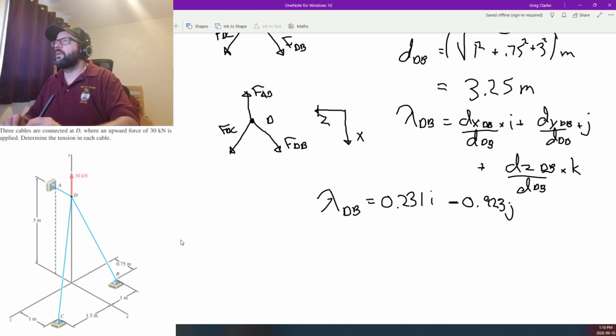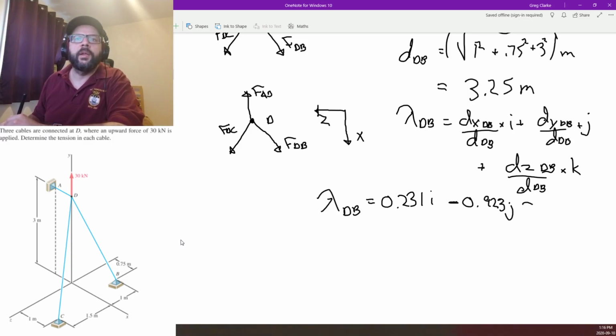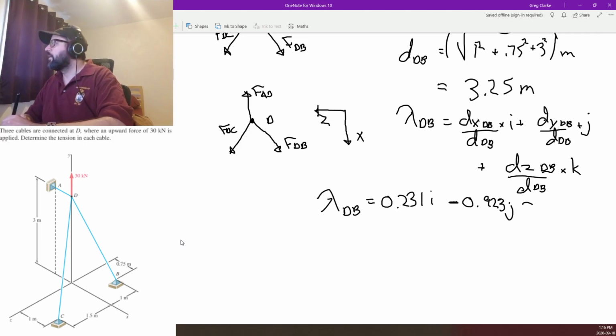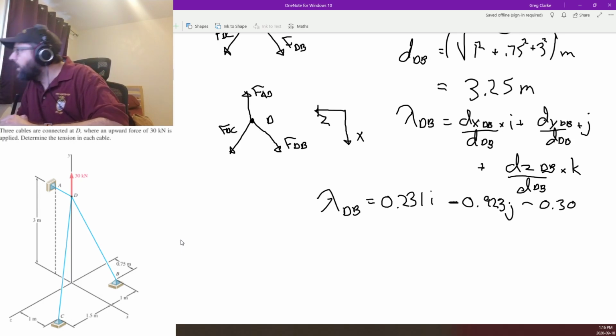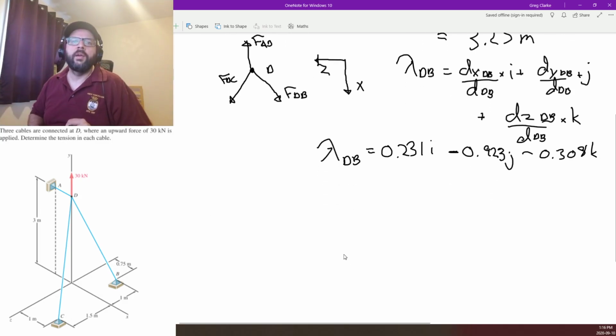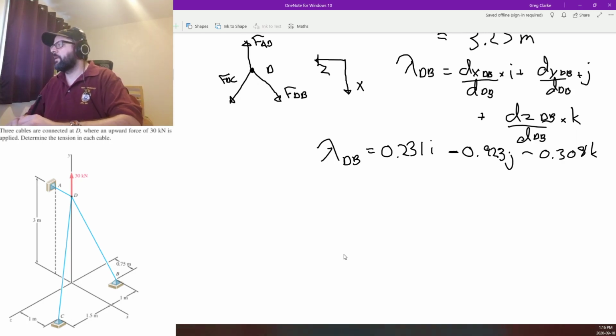So that'll be negative 1 over 3.25. That'll be negative 0.308 K. And so that's our unit vector for DB.